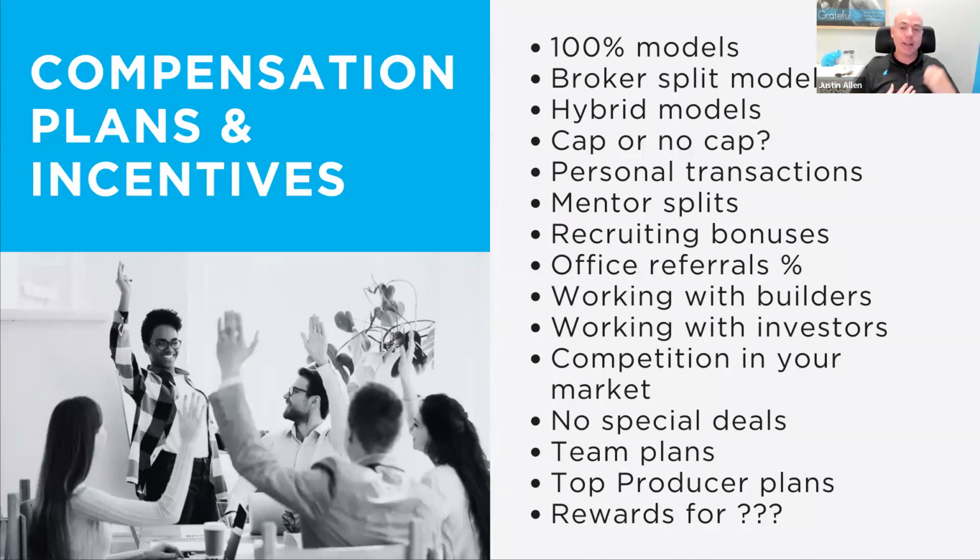I don't mind if I'm an agent in a brokerage and I'm paying in over $100,000 a year, but I feel like I've gotten over $100,000 worth of value. I'm cool with it. But if I'm not getting a lot of value out of that office, I better not be paying much. So you have to figure out what kind of value you're offering, what kind of office culture you're going to provide, as far as training, support, culture, and then what those splits look like.